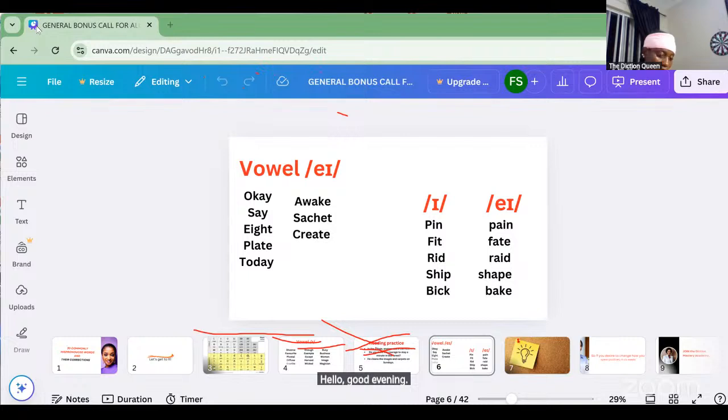Pen. Okay. Red. Okay. Big. Okay. Pain. Go ahead. Read. Okay. Shape. Okay.